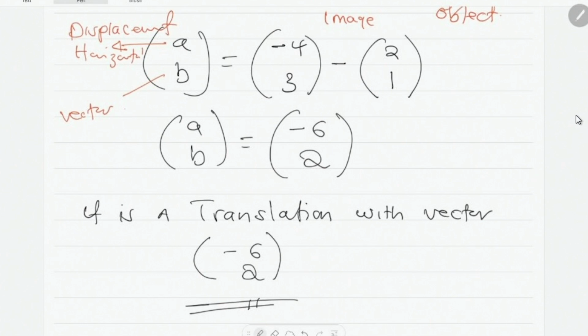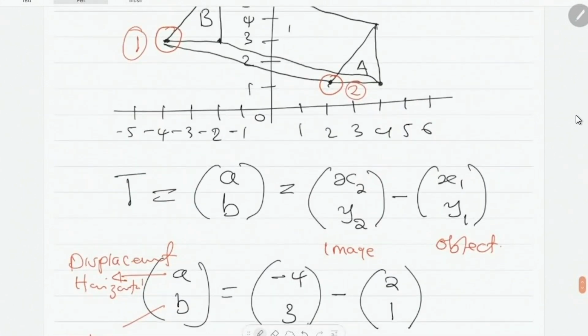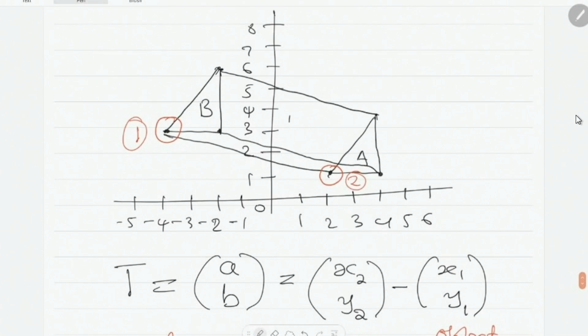You can see when we look at the diagram here, when I talk about point A, when we calculate the displacement, which is the distance in the horizontal axis and the distance in the vertical axis, let me show you that.